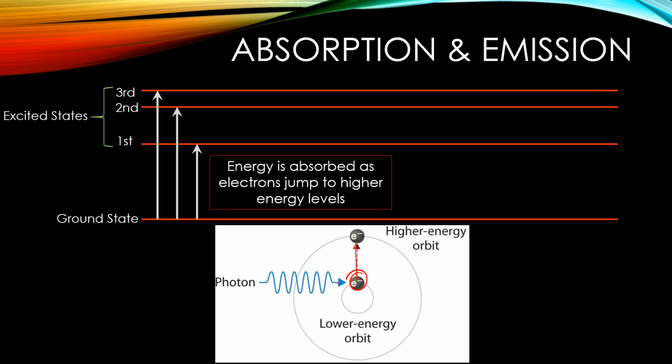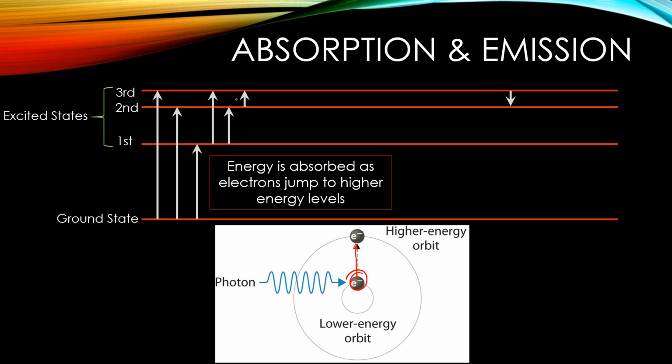And if an electron is already in the first excited level, it can go to the second excited level or straight to the third. As well as that, if an electron's in the second excited level, it can also go to the third. So you can see here there's actually 6 different ways an electron can absorb energy in the form of different photons of light.